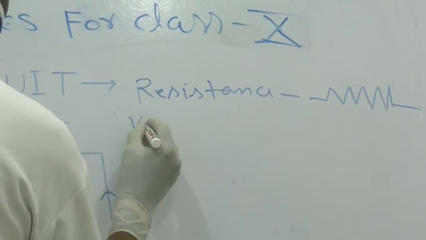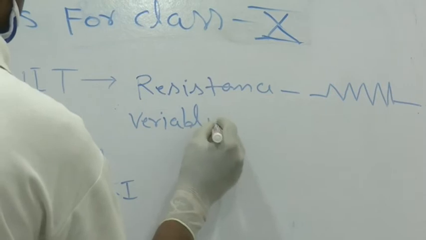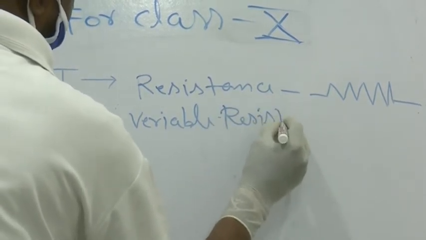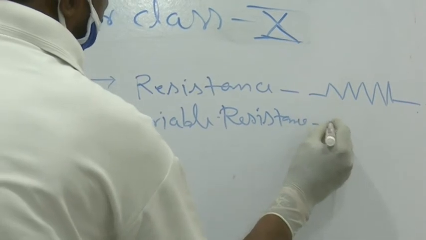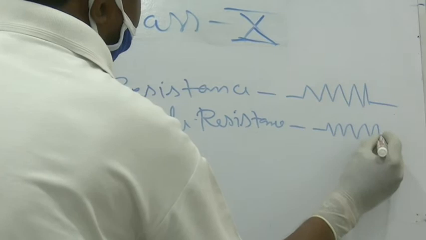Variable resistance. The symbol is this.